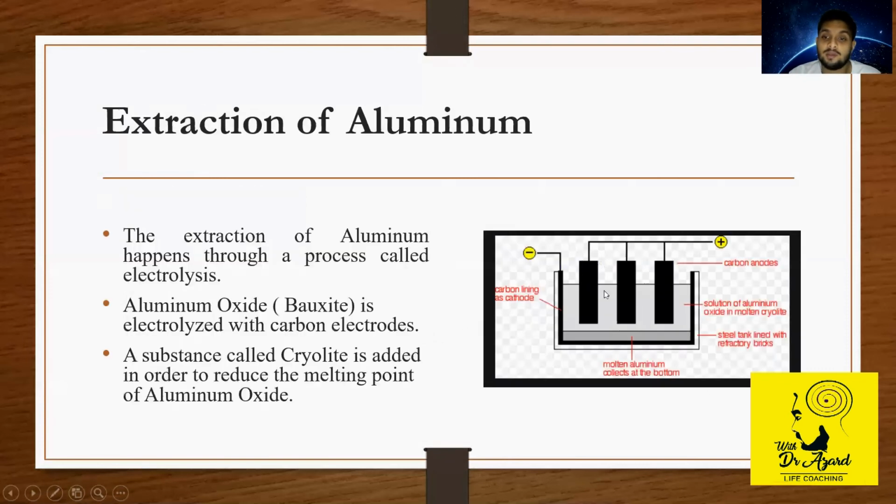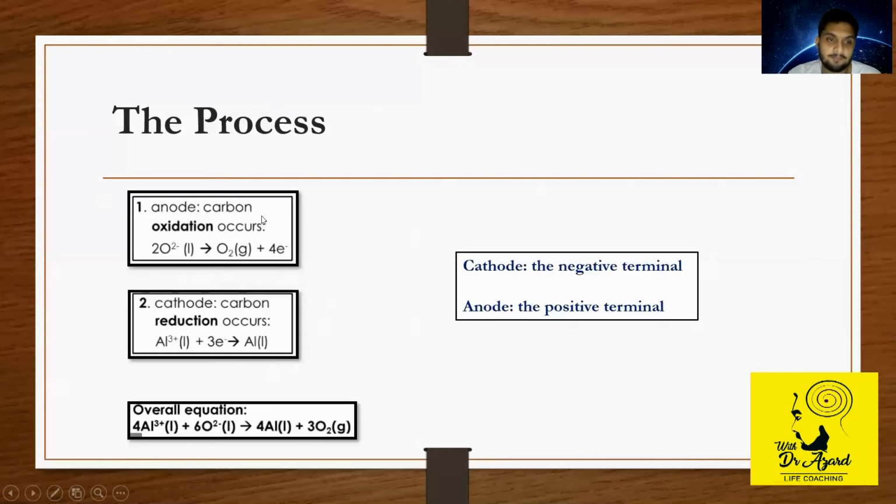If you go back to this diagram, you can see here these are the positive terminals, and these are the negative terminals. So this will be the positive, this will be the negative.